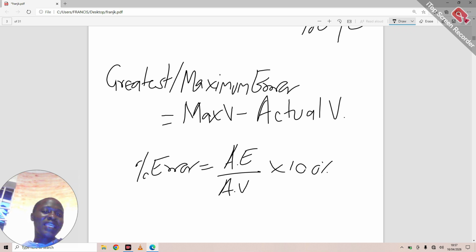Maximum, greatest, minimum, smallest. So make sure you don't get confused when it comes to getting percentage error and getting maximum percentage error. Those two terms are different. Getting maximum percentage error, or greatest, or smallest, or minimum, and just getting percentage error, they're different.